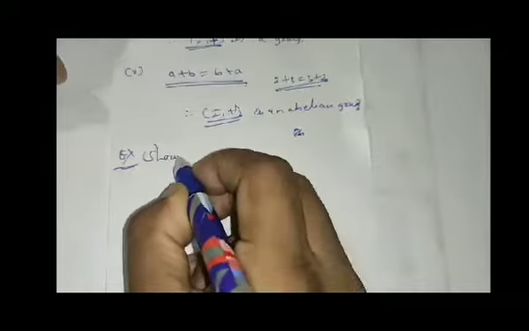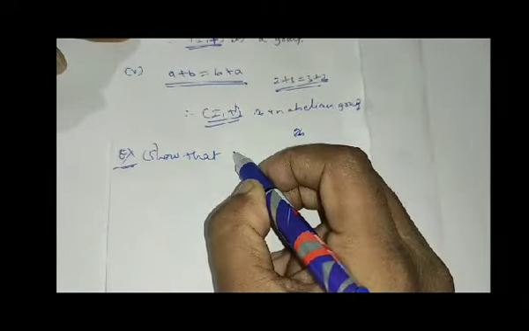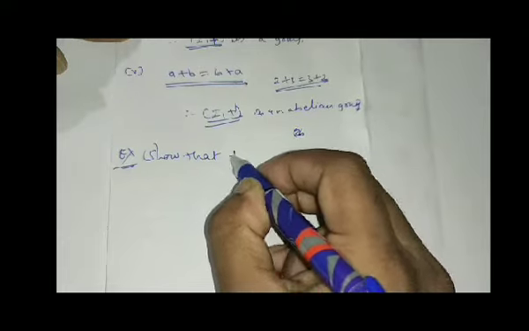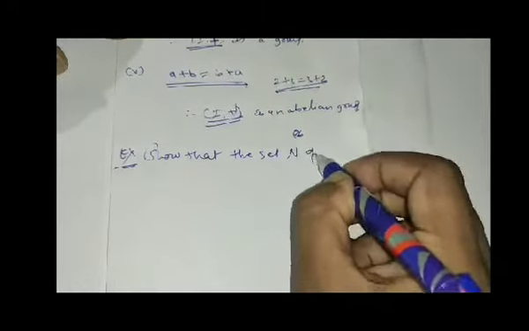Now the next example. Show that the set N of natural numbers is not a group with respect to addition.